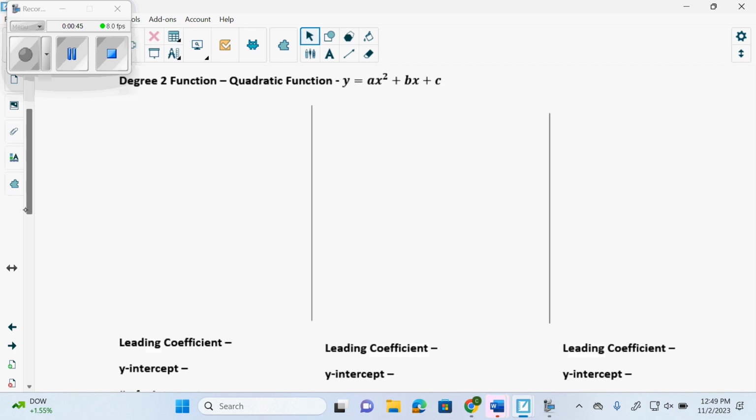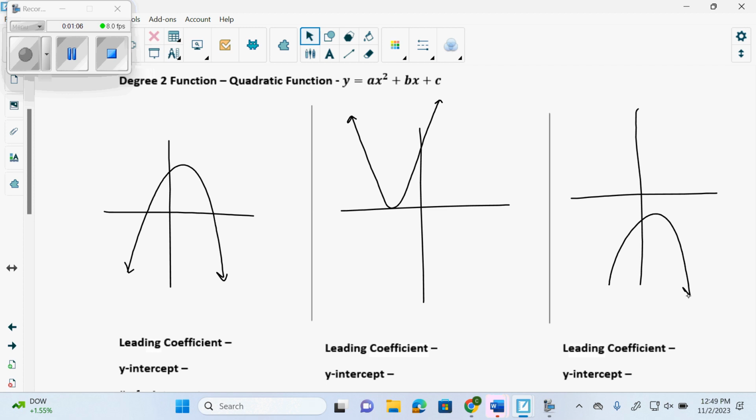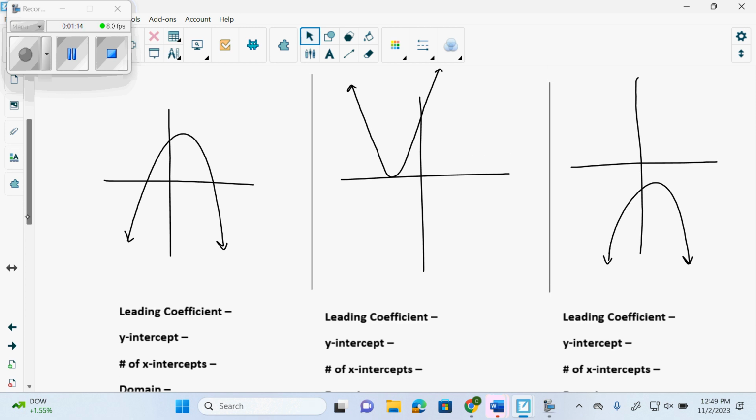So if I give you this, or I give you this, or I give you this, I want you to tell me the sign of the leading coefficient.